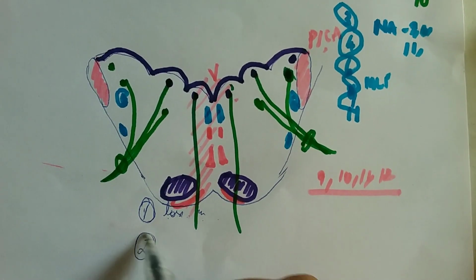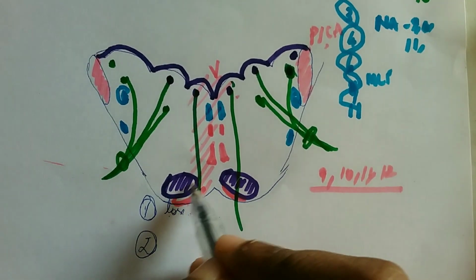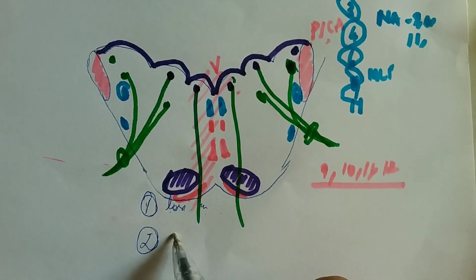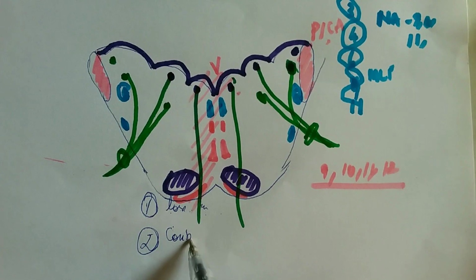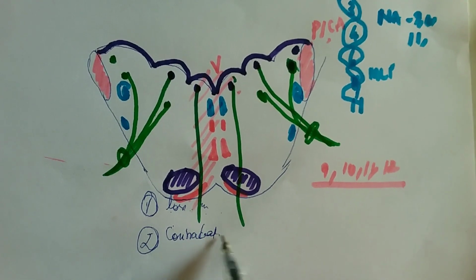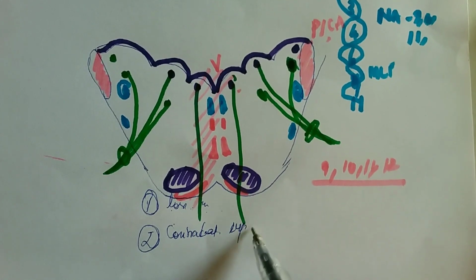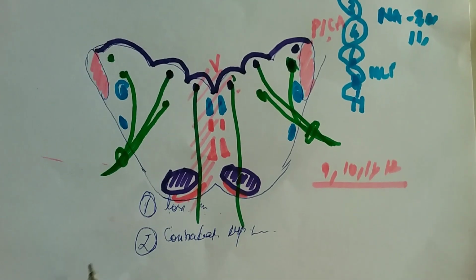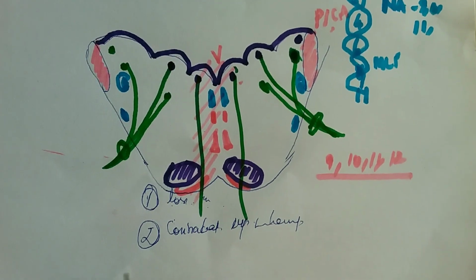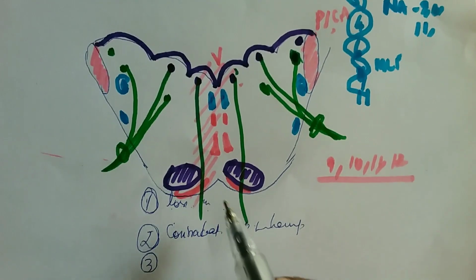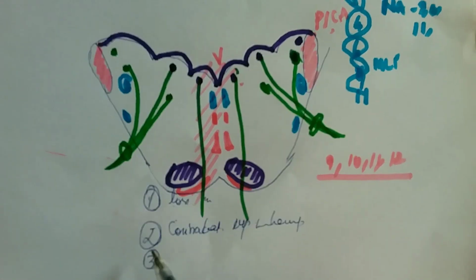Second, pyramid. This side pyramid is out. So pyramid is crossed, so it is contralateral. Opposite side, upper limb and lower limb will be paralyzed. Contralateral hemiplegia, that is called hemiplegia. And then third one, medial lemniscus is here, the most important one.